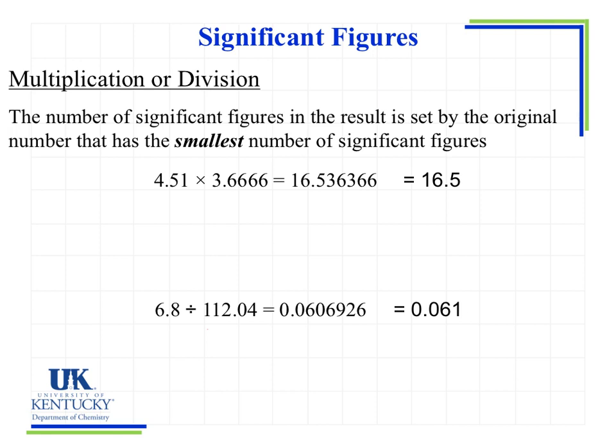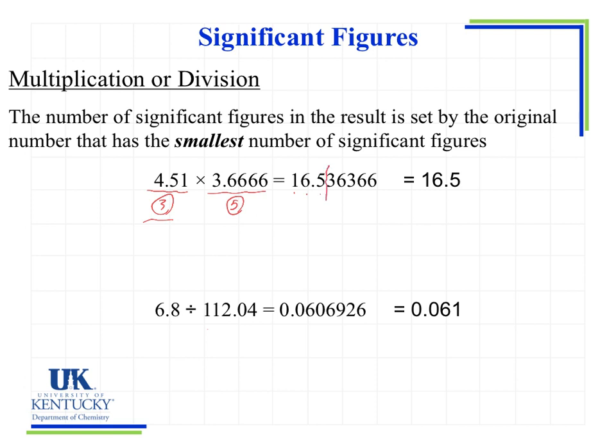In this example, how many sig figs do we have here? We have 3 sig figs here, and here we have 5 sig figs. So how many significant figures should the answer have? It should have 3. We start counting from the first non-zero digit from the left: 1, 2, 3.